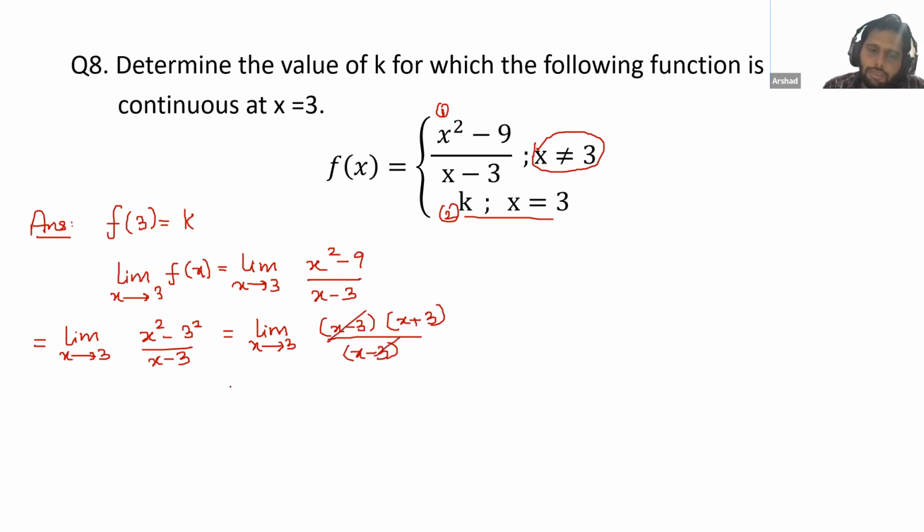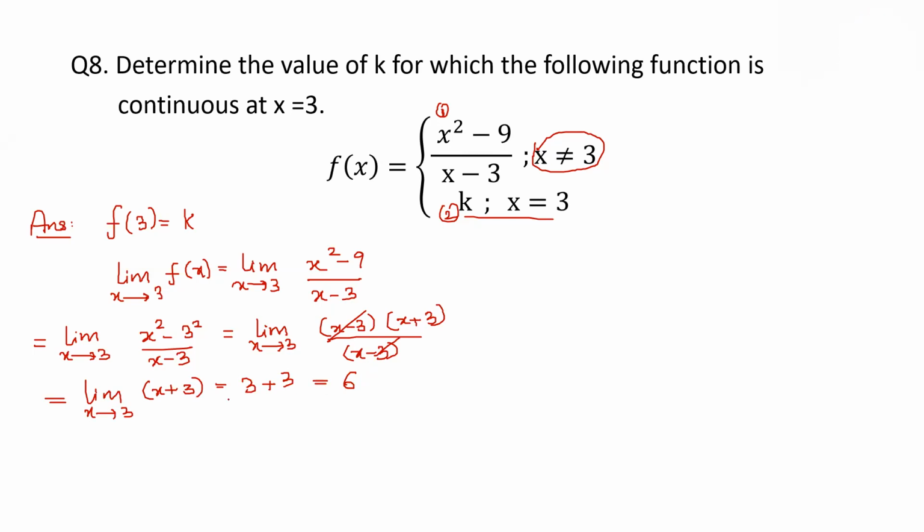This part cancels out. The limit as x tends to 3 of x plus 3 is equal to 3 plus 3, which is 6. Noma, standard method, which one? x to the power n minus a to the power n? Yes, sir, you can use that method also. So we get this limit.